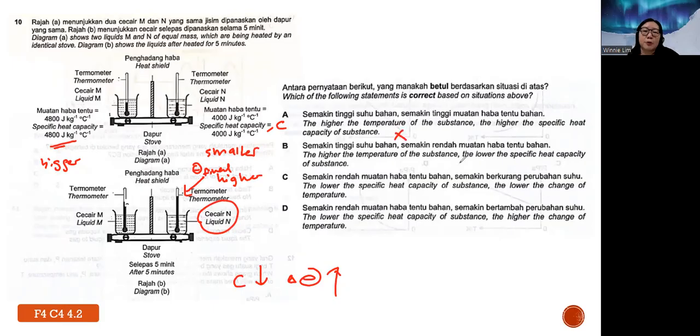No. The higher the temperature of substance, the lower the specific? Now, this is higher temperature, it's not change in temperature. See the words here. The lower the specific heat capacity, the lower the change? No, the lower the specific heat capacity, the higher the change. The words change in temperature are also important. So D is the better answer.